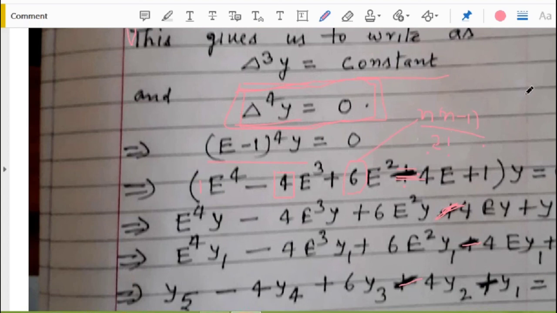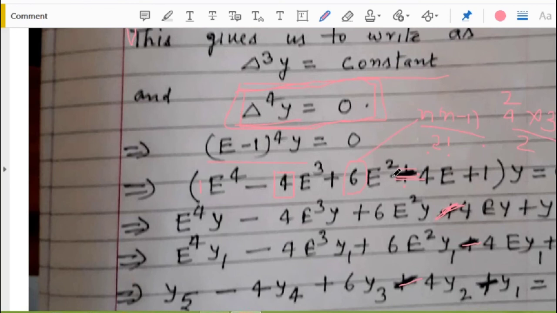Agreed. So n is 4, n minus 1 is 3, and then factorial 2, which is 2 into 1, that is 2. So 2 goes 2 times here. So this is 6. I think you are agreed.